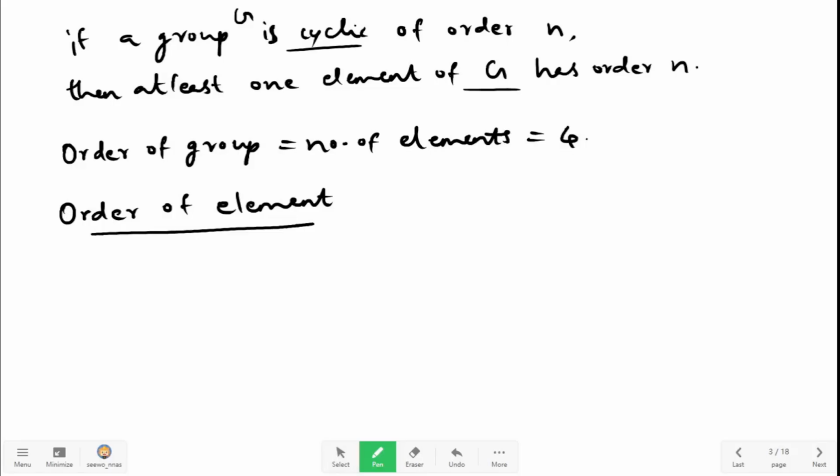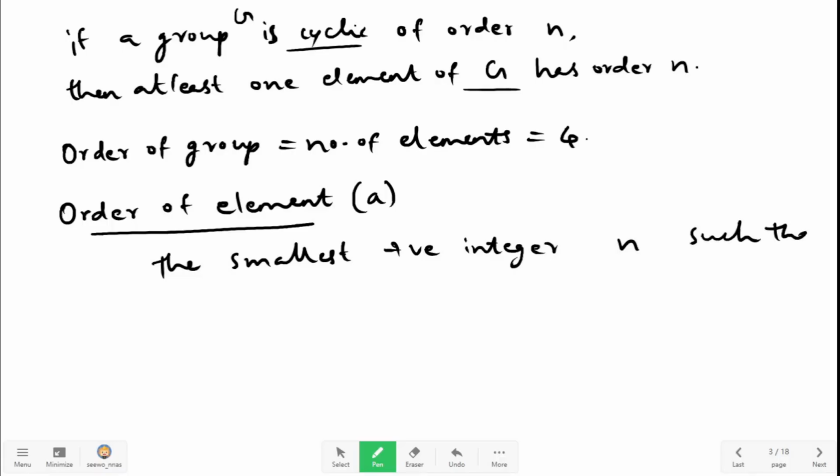Let's say we have to find the order of element A. Then the order of element A is the smallest positive integer n such that A raised to n is equal to identity. So n is the order of element A.